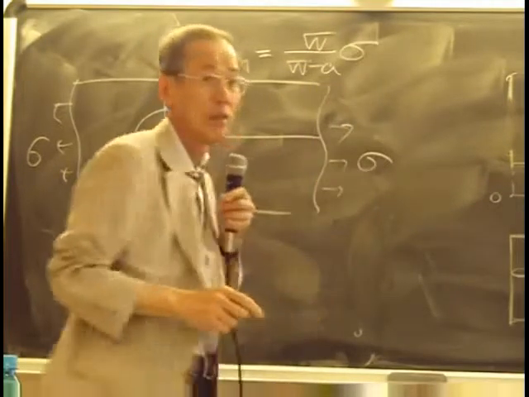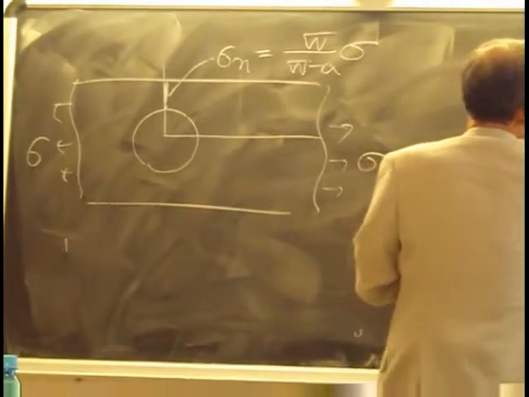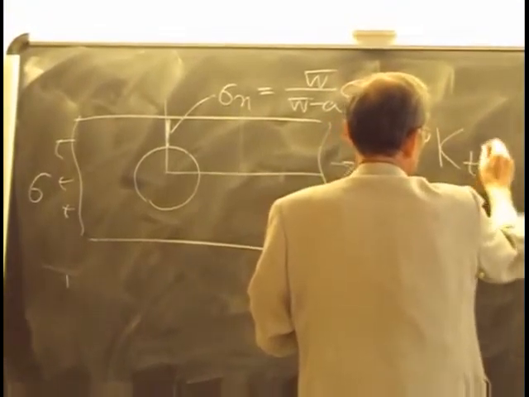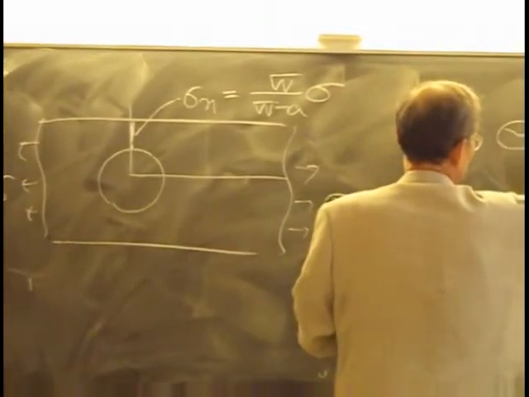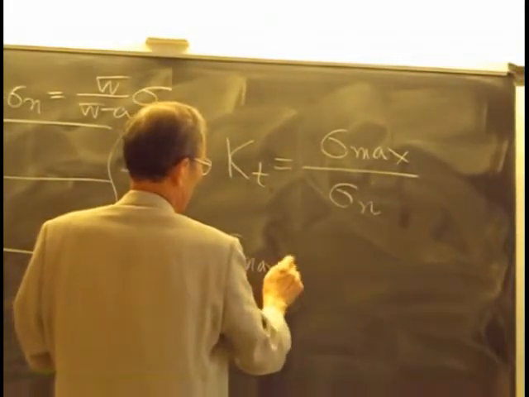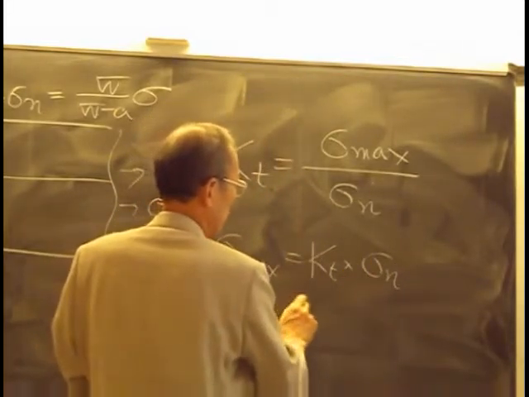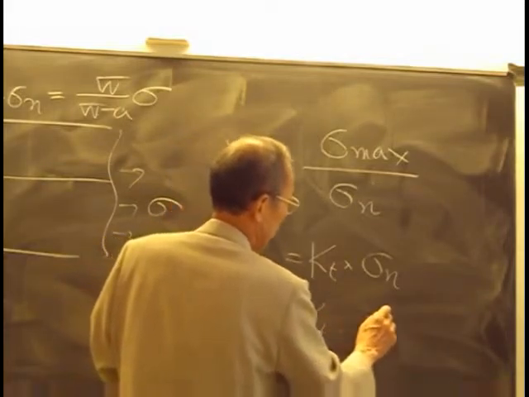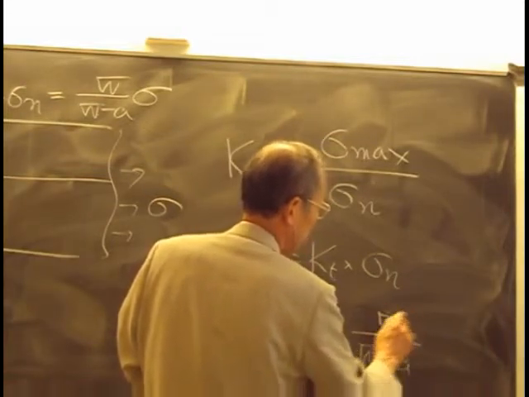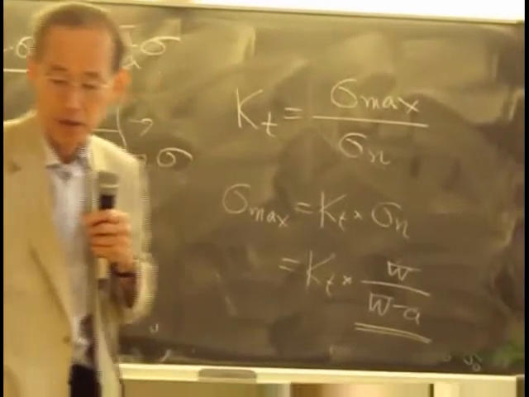And KT is sigma maximum divided by the nominal average stress. So sigma maximum equals KT times sigma W over (W minus A). So you must add this term to this KT.